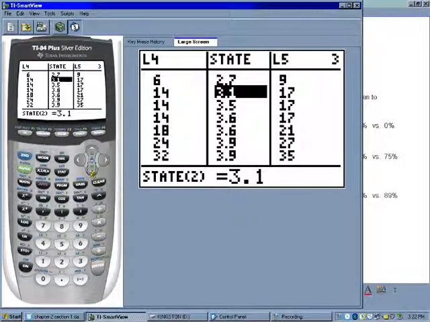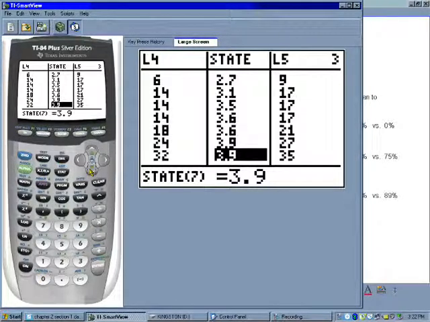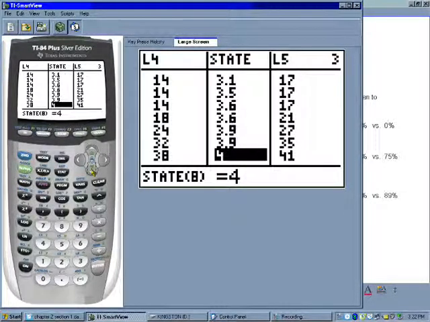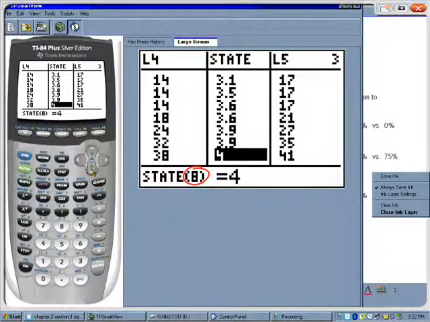So is 3.1, 3.5, 3.6, 3.6. 3.9 is very close to 3.92, but it still is outside of that range. So I have to keep going past there. This number 4 is the first thing that is actually inside the range of 3.92 to 5.88. And it is position 8. So that is the number that I'm seeking, and that is the number that I will use.